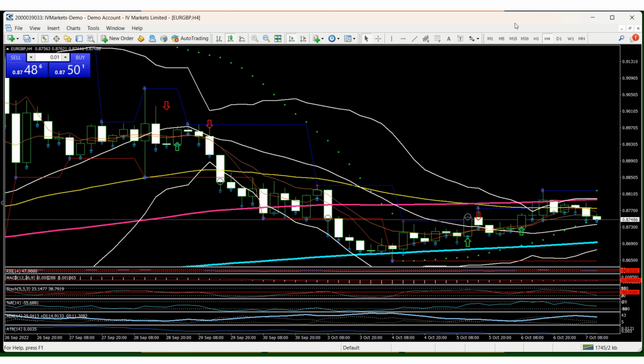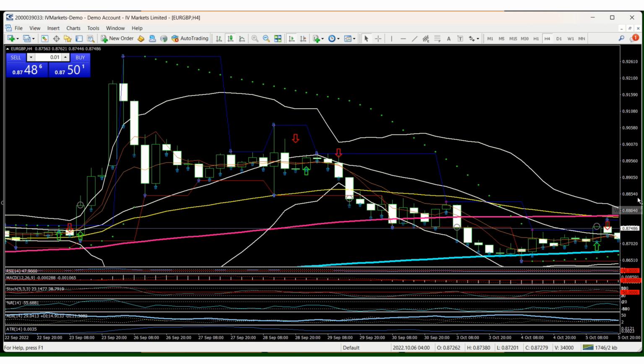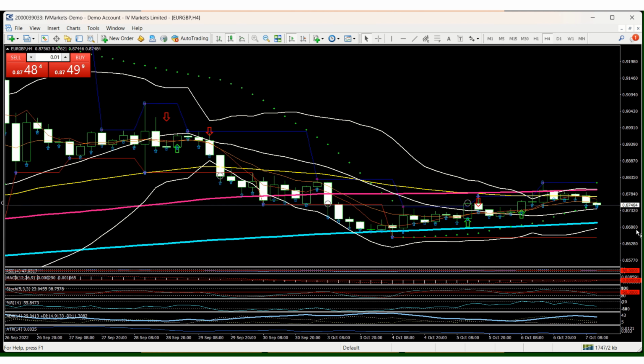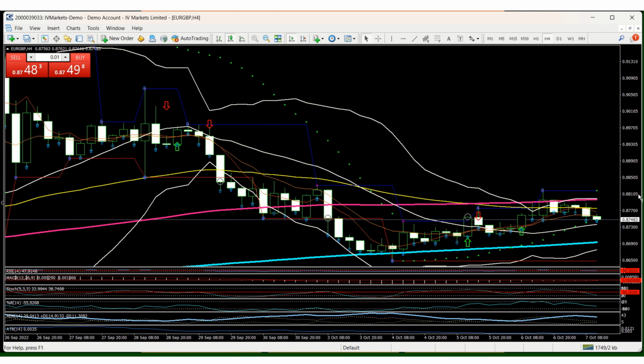So here, as you can find in H4, if I ask you where the moving average is going, you can find this yellow line, the moving average 50, the blue line, the moving average 200, and the pink line, the moving average 100. So it is again getting confusing in moving average 50, 100, 200.